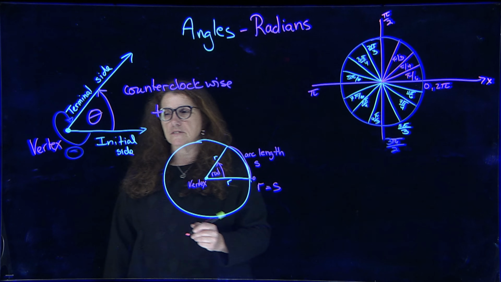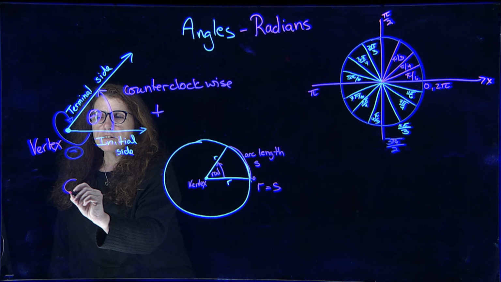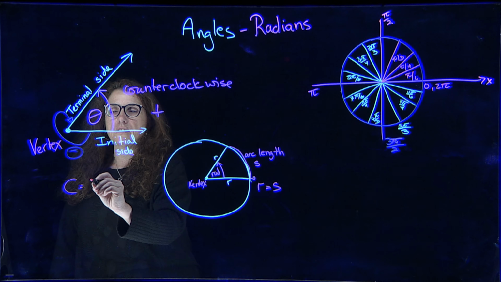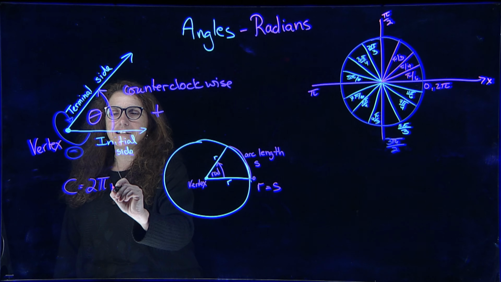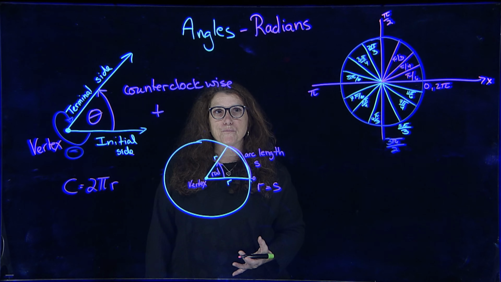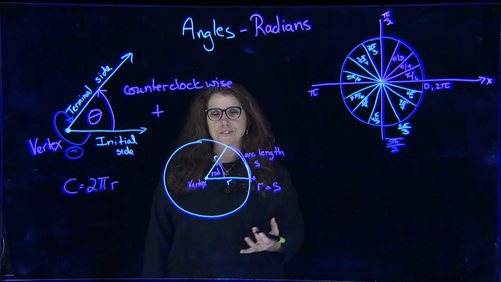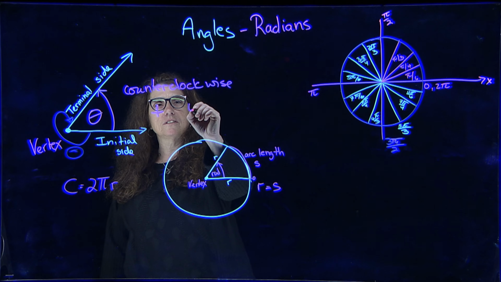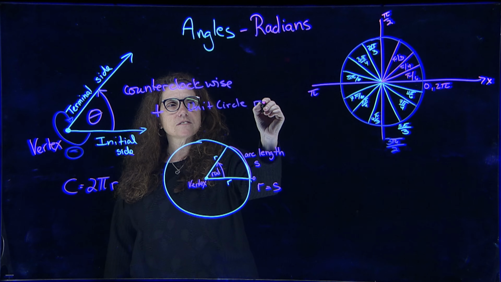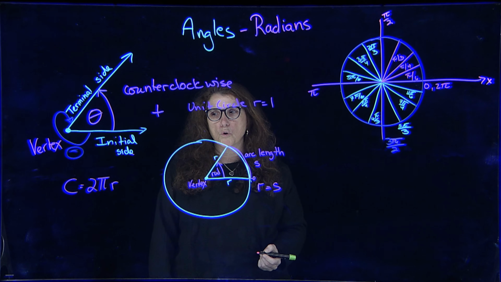So if we start here at 0 and we go one full revolution around, what is the measurement in radians? Let me remind you, the formula for the circumference of the circle is 2 pi r. Now, in trigonometry, everything is based on the unit circle, and the unit circle has a radius equal to 1.